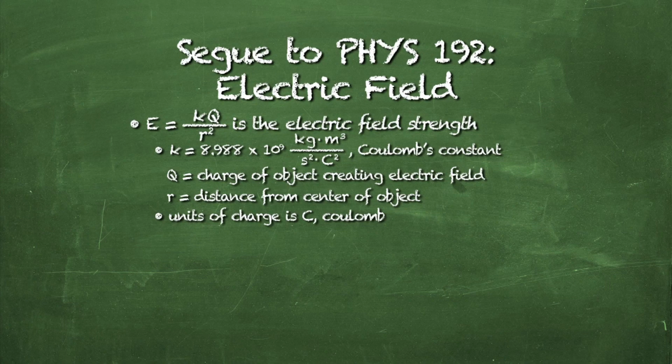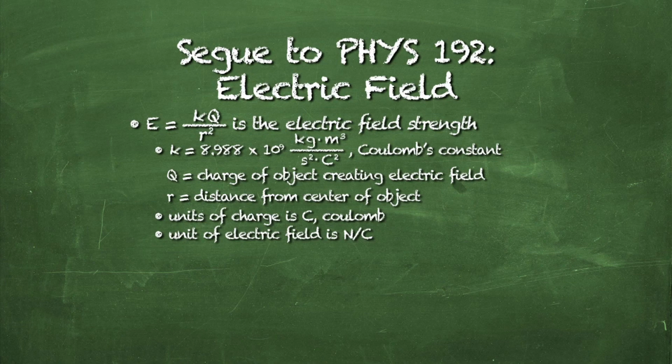And if you work out the units of the electrical field, you'll see that the unit is newtons per coulomb, or in other words, newtons of force per coulomb of charge that is feeling the electrical field.